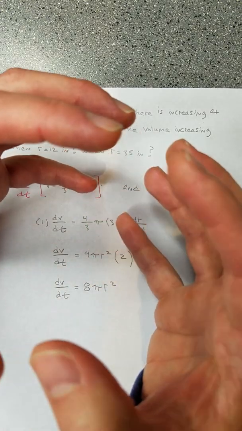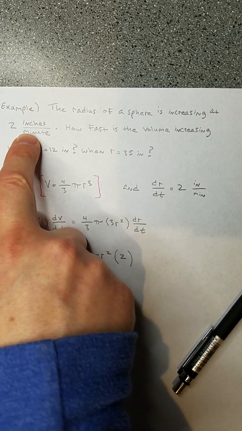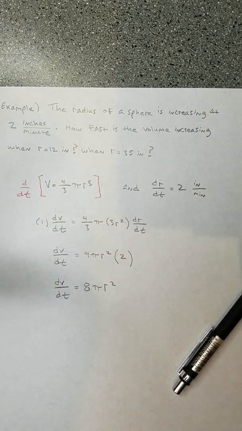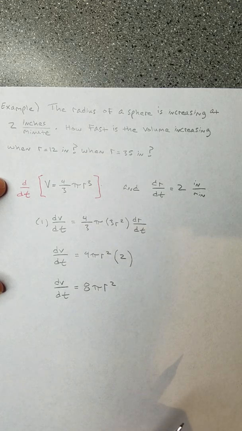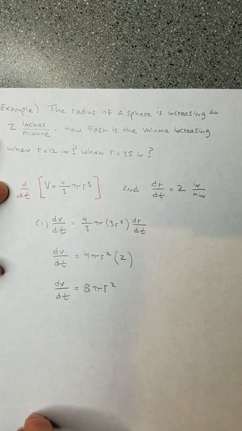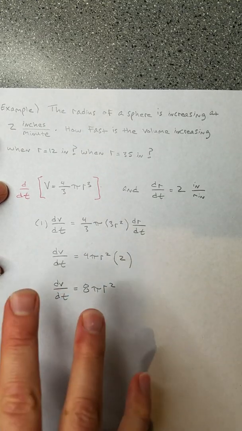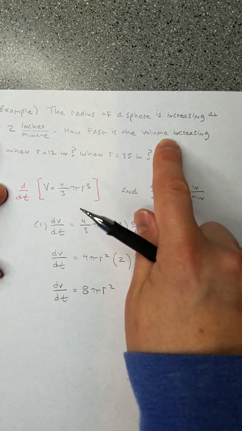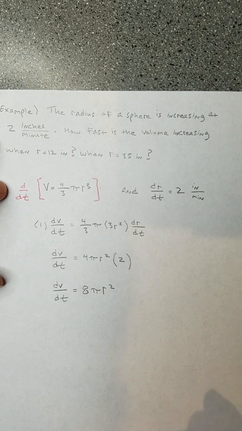If the radius of the sphere was growing at a constant rate, like it is here, then the bigger the balloon gets, the more the volume will be increasing. All right, so think about it. The radius is stretching by a constant 2 inches per minute. The bigger the sphere is, the more volume it's taking on per minute to compensate.